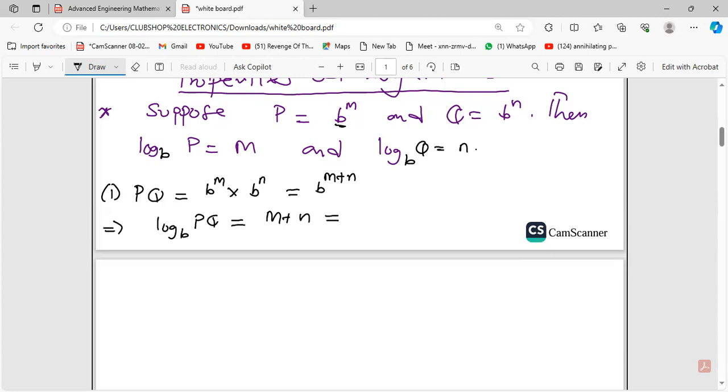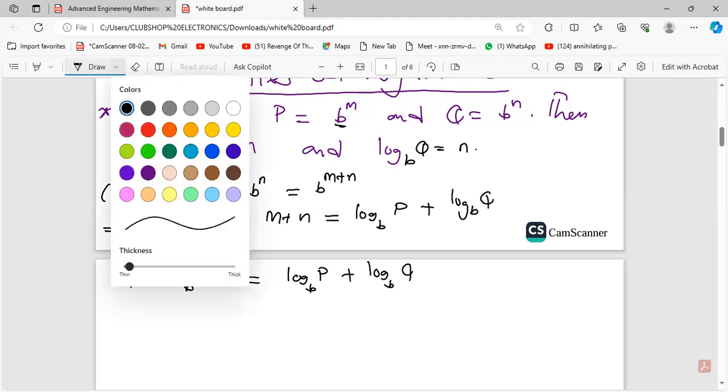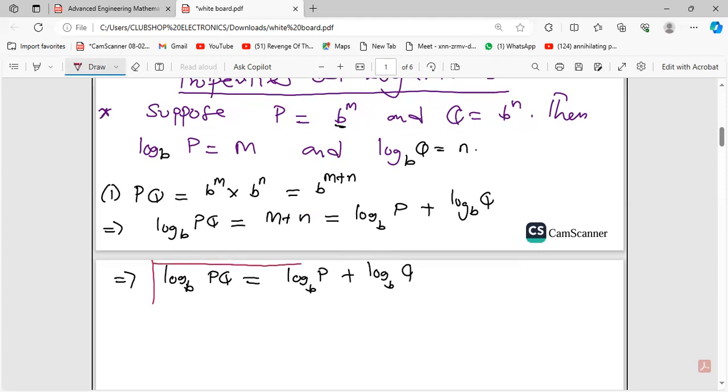And M plus N is log B of P plus log B of Q, which takes us to the first property: if we have log B of PQ, it is the same as log B of P plus log B of Q. Hope that is fine.